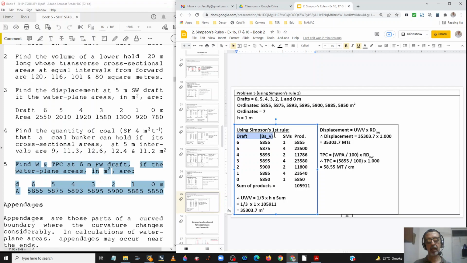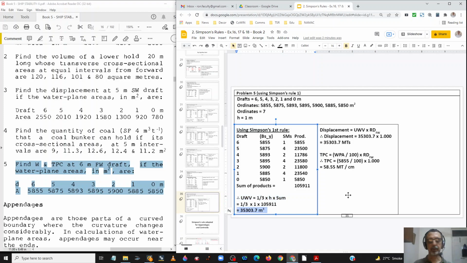And thus the underwater volume is equal to 1 upon 3 into H into the sum of products. And when I substitute the values for H and sum of products, I get the underwater volume is equal to 35,303.7 cubic meters.